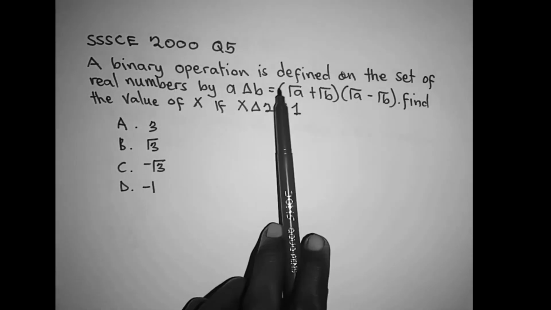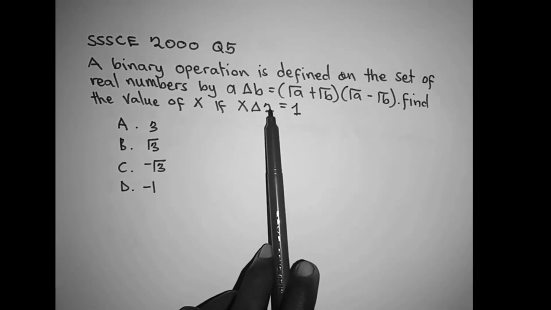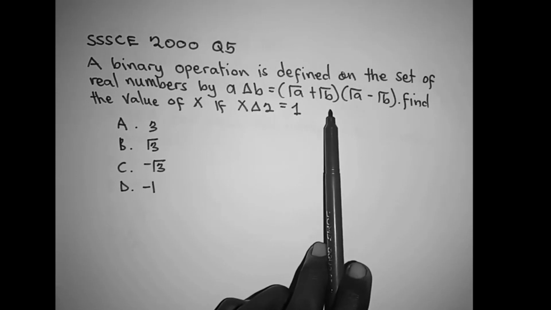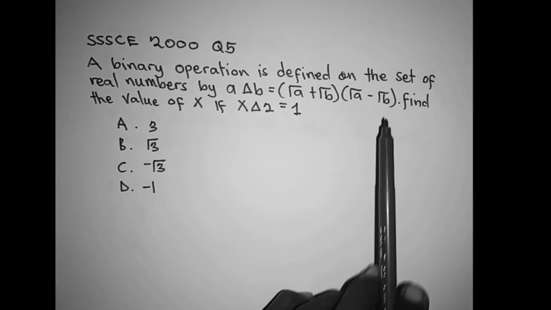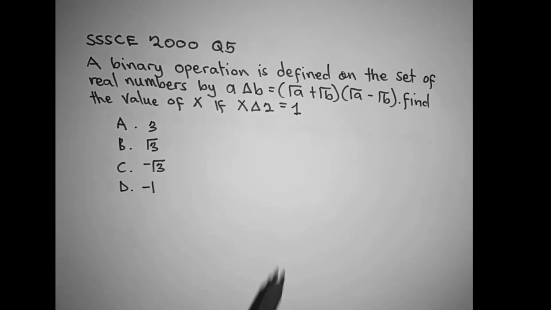A binary operation is defined on the set of real numbers by A operation B equals, in one bracket, root A plus root B, in another bracket, root A minus root B. Find the value of x if x operation 2 equals 1.